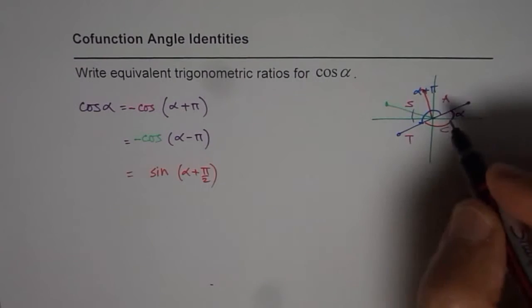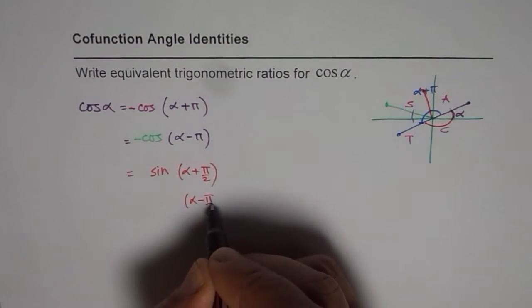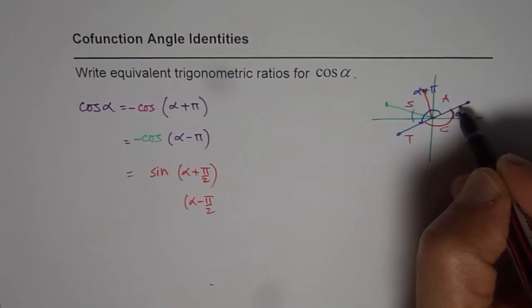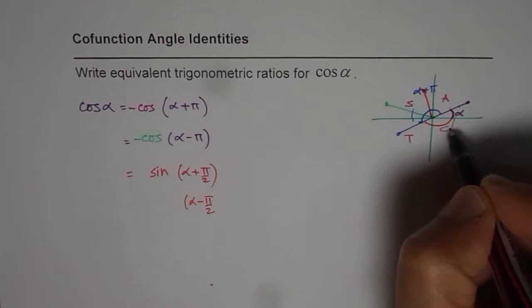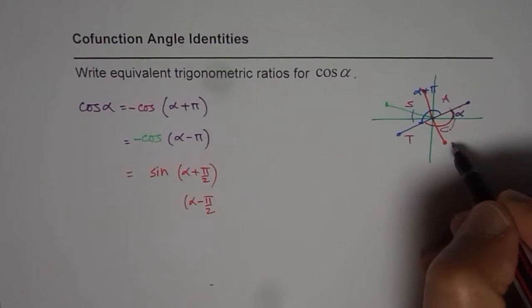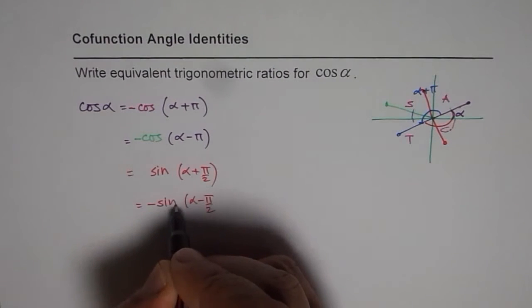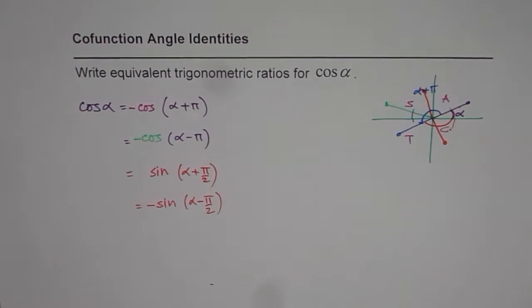Got it? However, if it was alpha minus pi by 2, that means from here, clockwise rotation by pi by 2, we would have landed in quadrant 4, where sine is negative. So in that case, we'll get minus sine of alpha minus pi by 2. Do you get it? So that is how it works.